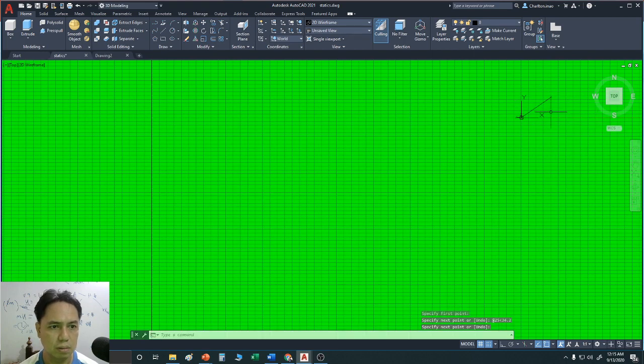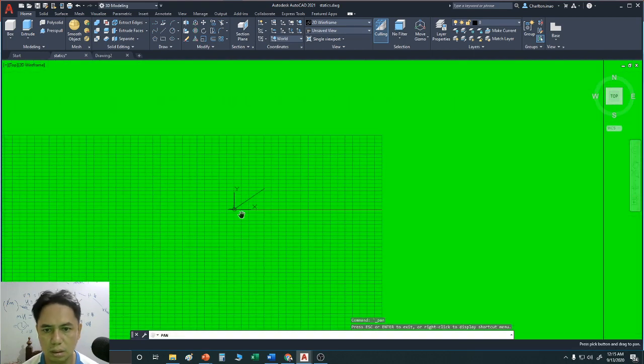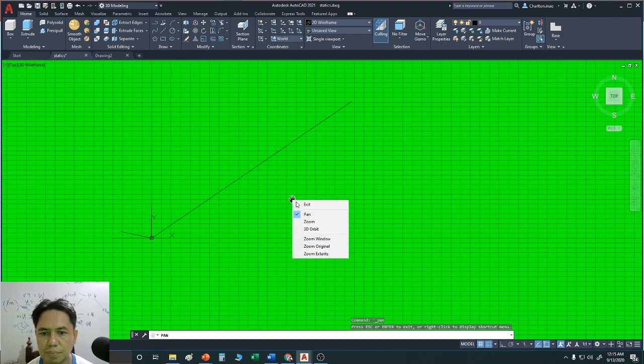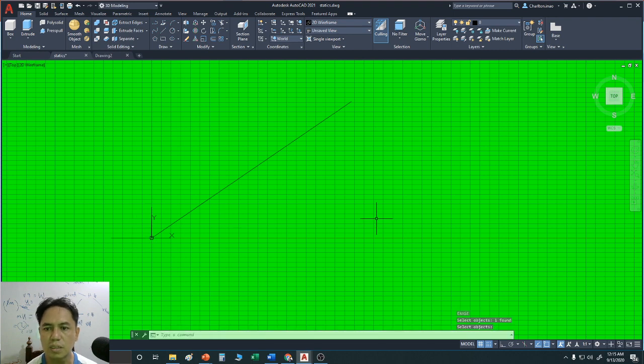So let us erase the other. There is this velocity with 25 meters per second, and the angle is 34.1, right? If I want to measure the angle, this is just for illustration, so that you can visualize what is happening here.